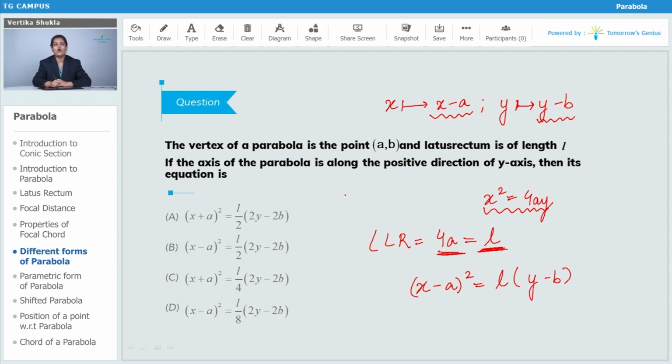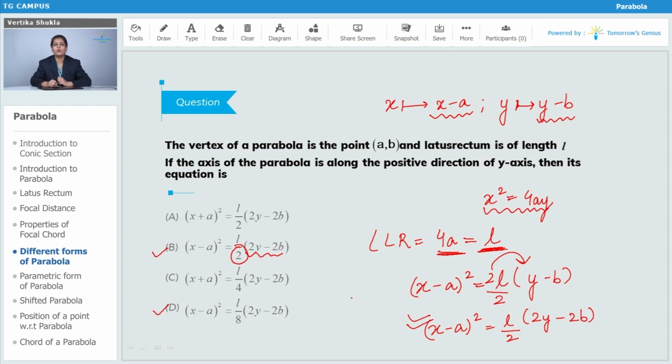In the options, the ones somewhat similar to the answer we have got are B and D. Let us see what they have done in option B. They have divided by 2 and multiplied by 2. If I divide and multiply by 2 here, the 2 will go inside the bracket and give (x minus a) whole squared is equal to L by 2, and multiplied inside the bracket you get 2y minus 2b.